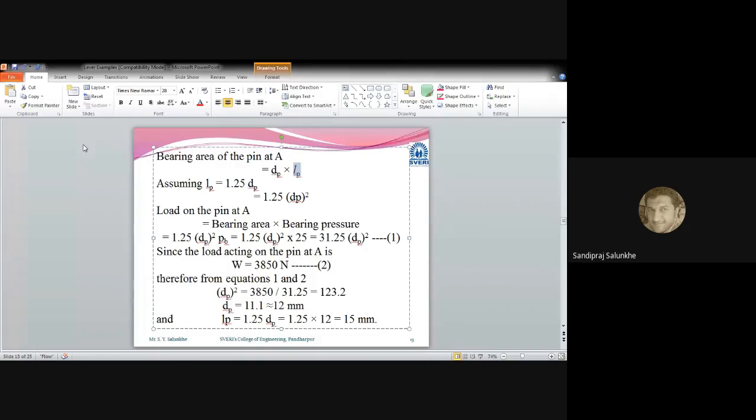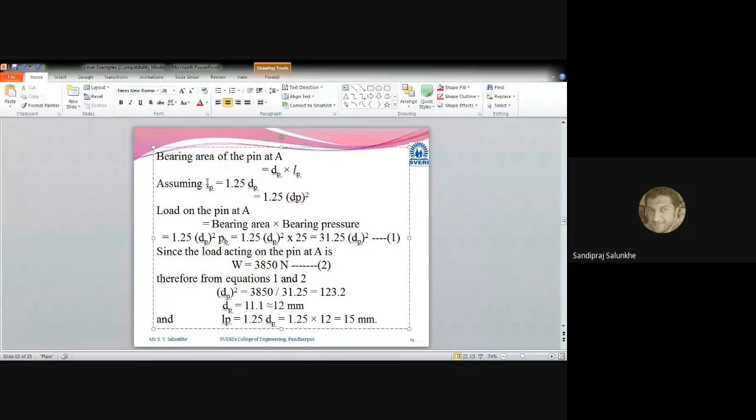Okay. Now assume here only that the length of the pin is 1.25 times the diameter. Now here we have assumed it, and this is what we have seen while we saw the procedure of designing of this lever. The length of the pin is approximately taken as 1.25 times the diameter of that pin.